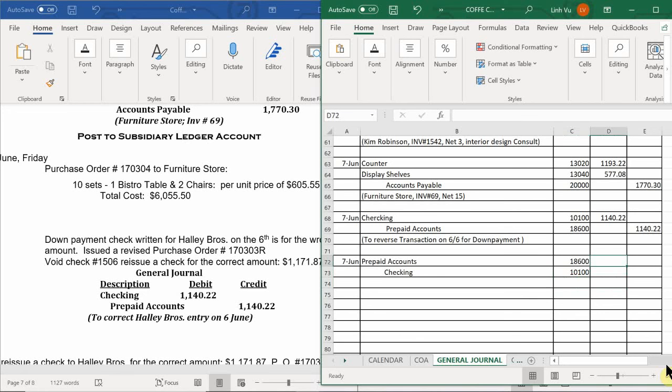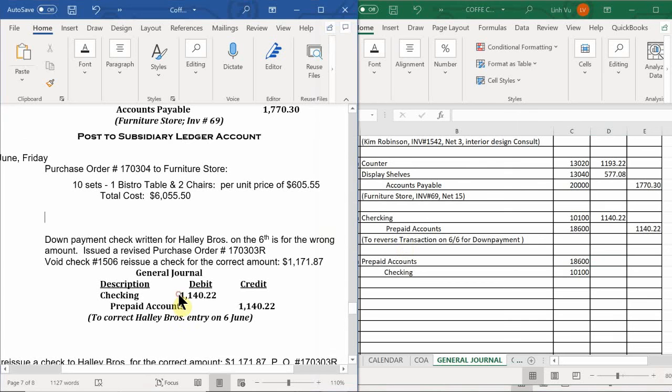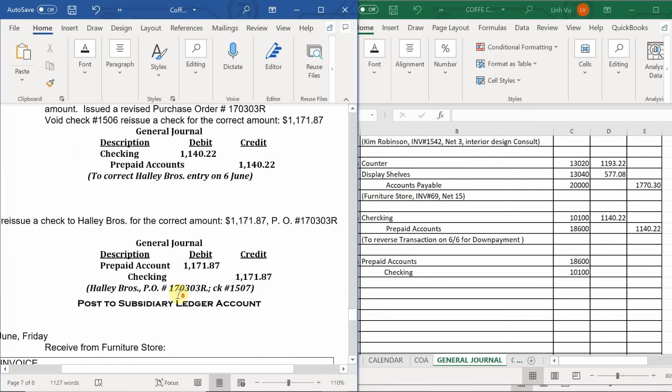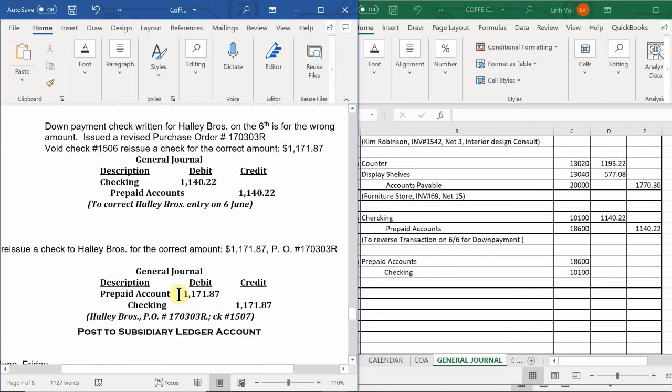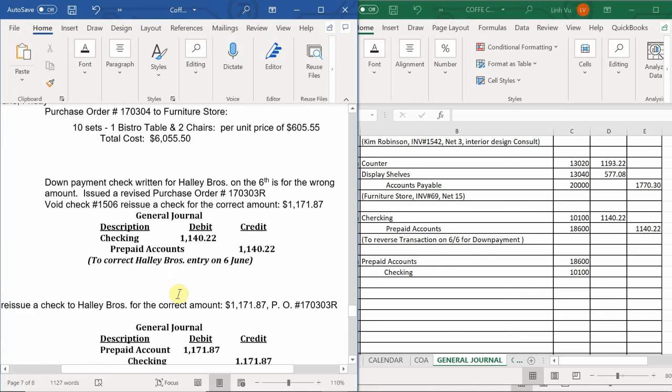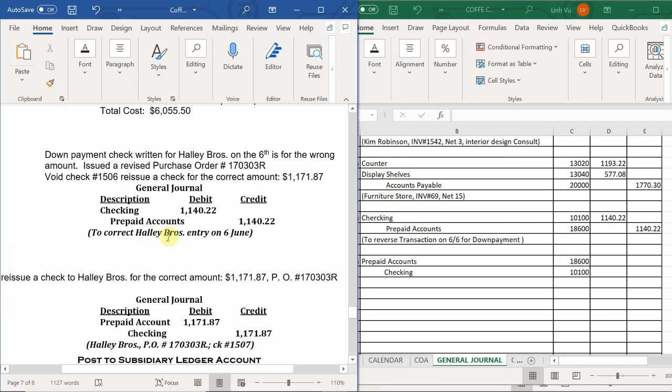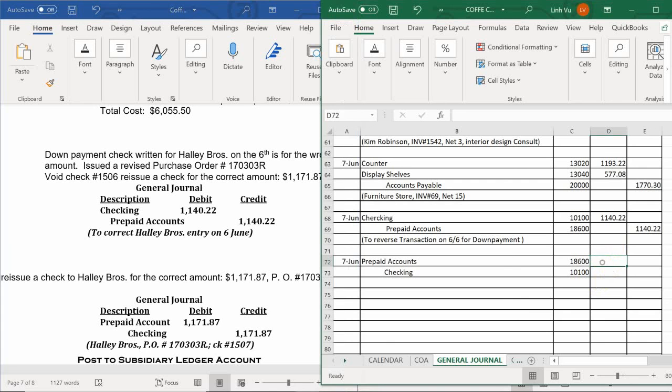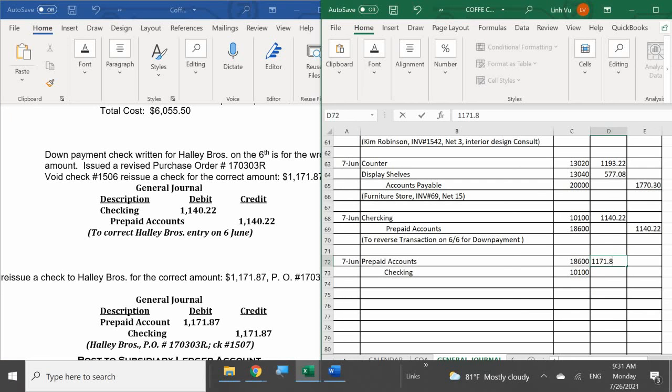Okay. And this time, for what amount am I going to place in here? What's the correct version here? The 1171.87.